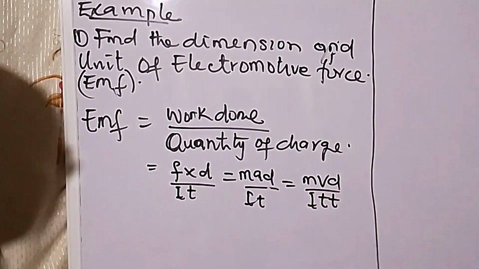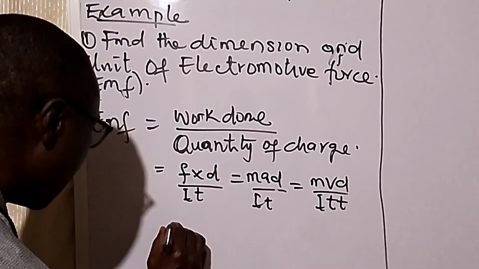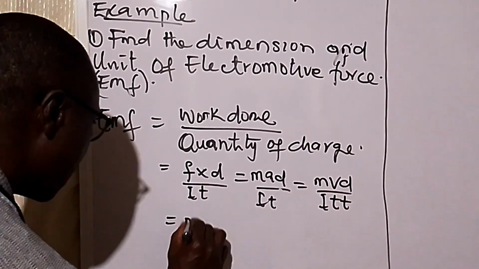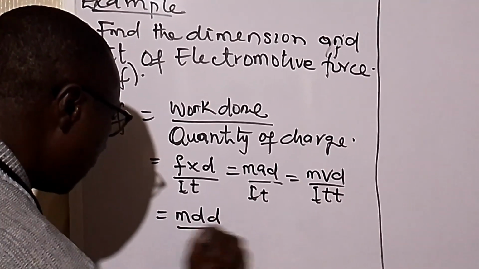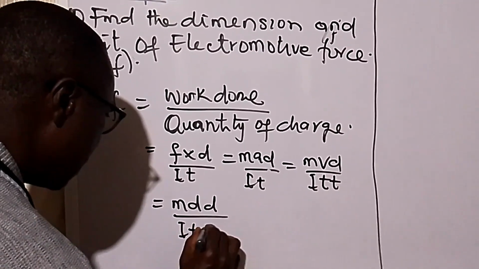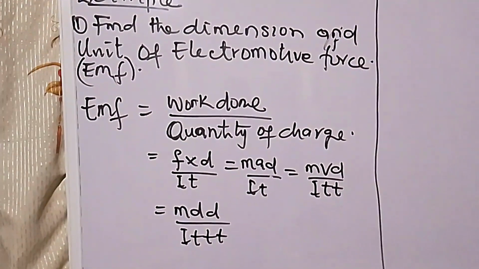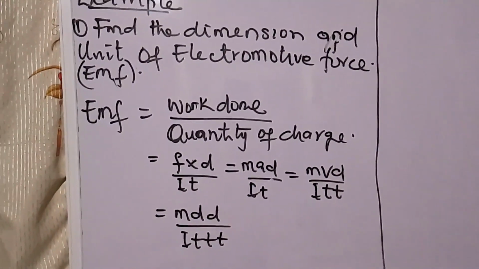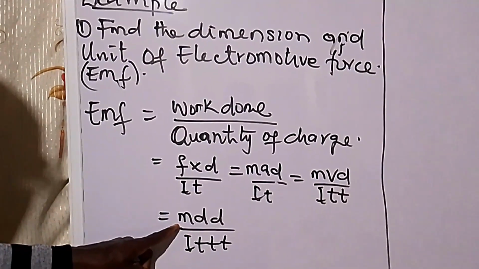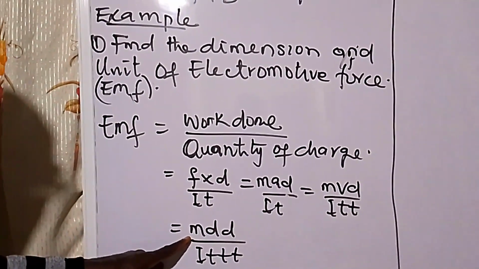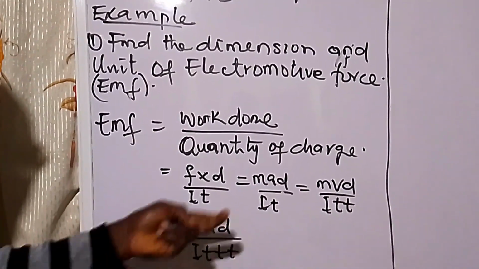Now, from what we are creating now, velocity is still derived. We need to reduce it again. That will be displacement multiplied by distance over it. So from what I've written on the board now, you can now say that all the quantities here are fundamental.